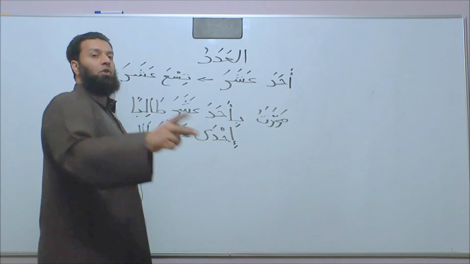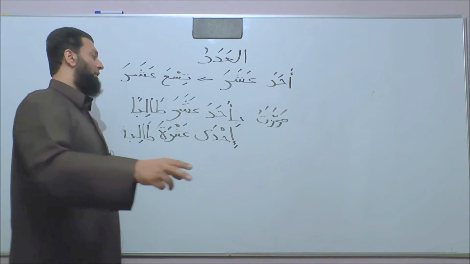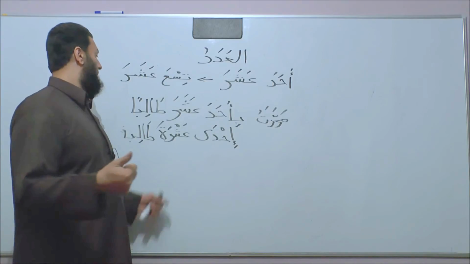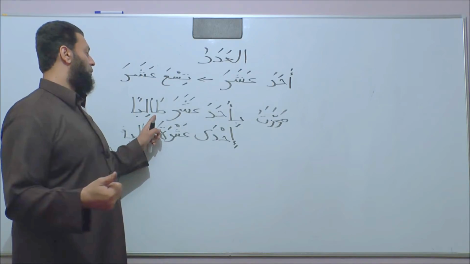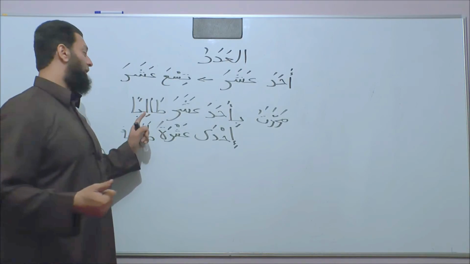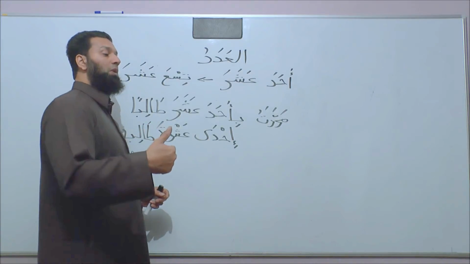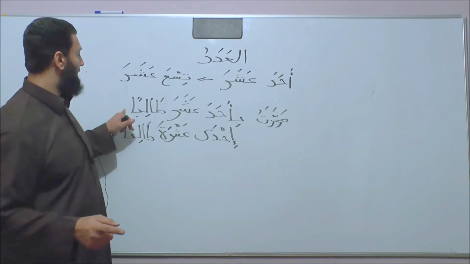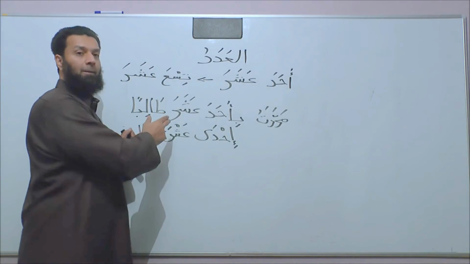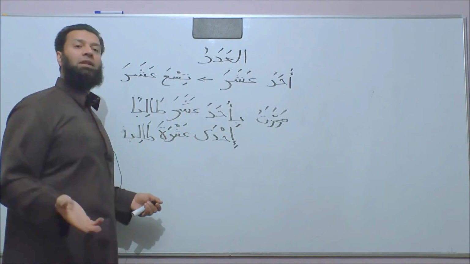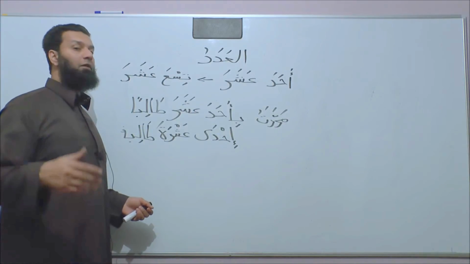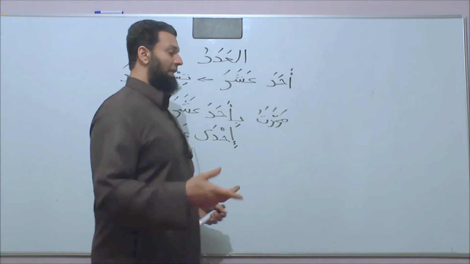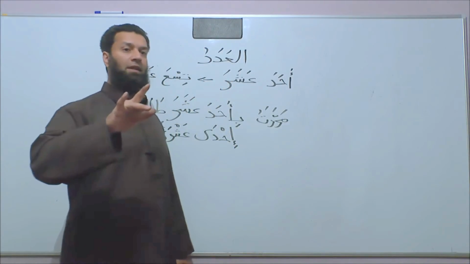This, even though it's two parts, it's considered to be one. And what follows it, if you are trying to explain what the number refers to, then you're going to have tamyiz on here. So what are you trying to connect it to? And for what purpose?